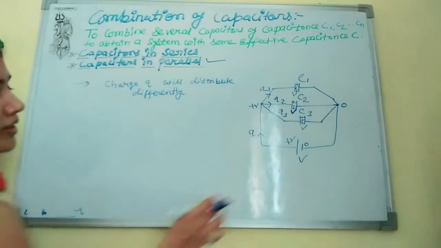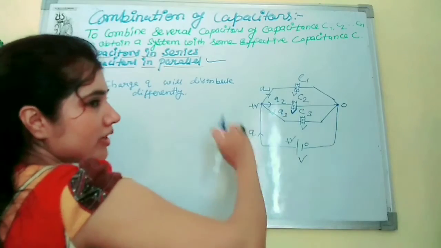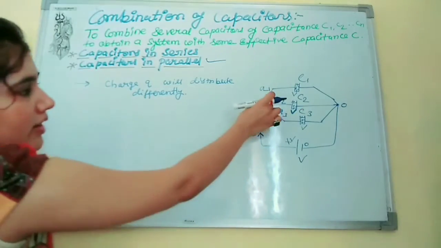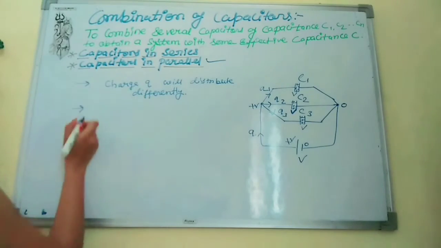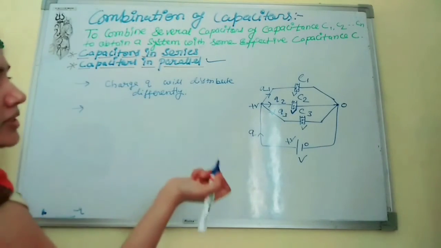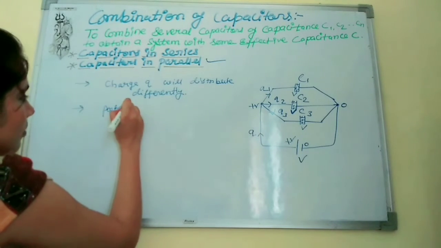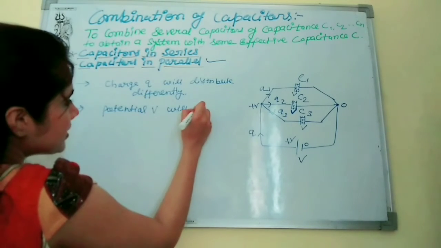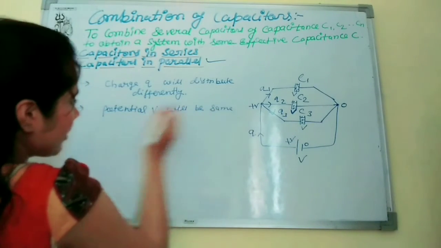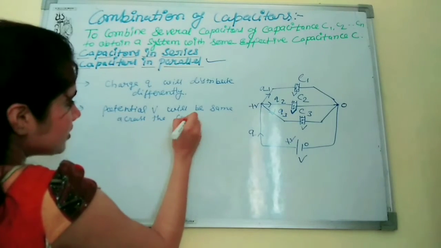Now you can see that this potential is the same for every capacitor because they are connected with the same terminals. So we can say the potential V will be the same across all the capacitors.